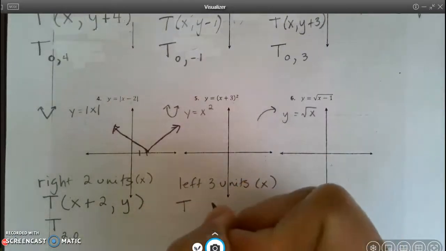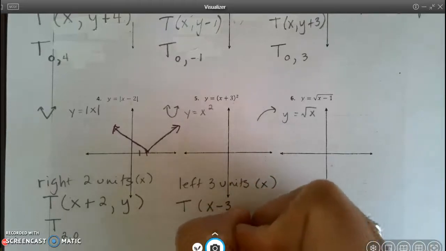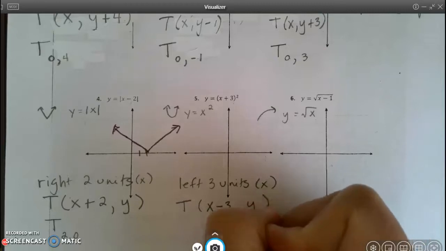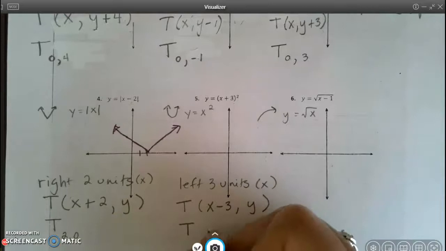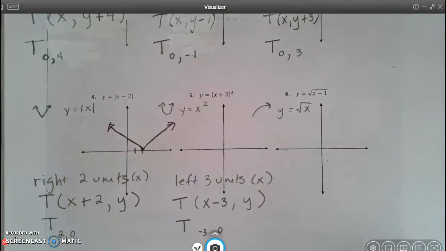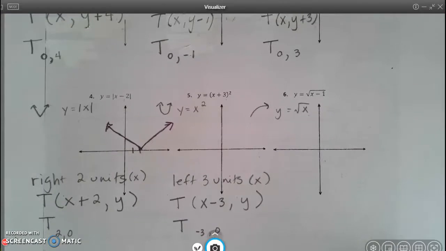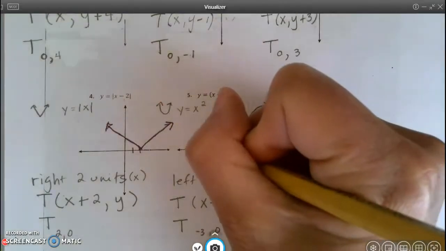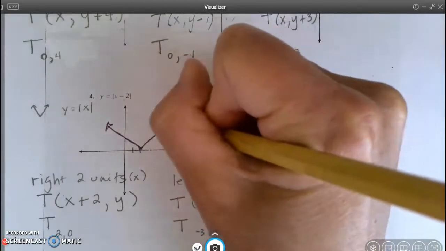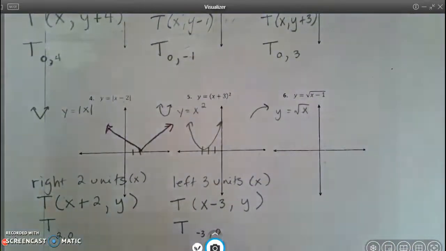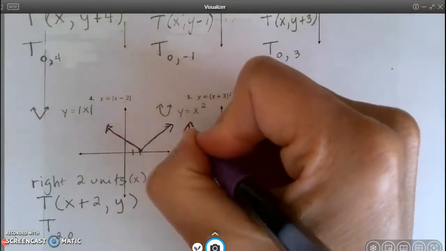So for my translation rule, the x is going left, that's x minus 3. Nothing happened to the y. I could also write it using the subscript notation, -3, 0. And I'm going to do the sketch of my graph. It goes left 3 units, 1, 2, 3, and I draw a U-shaped graph. I'm going to use my other color.